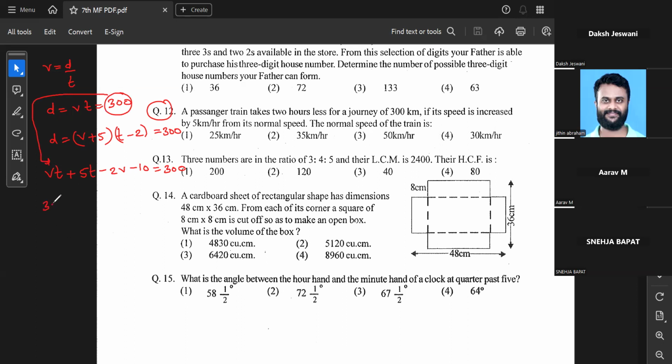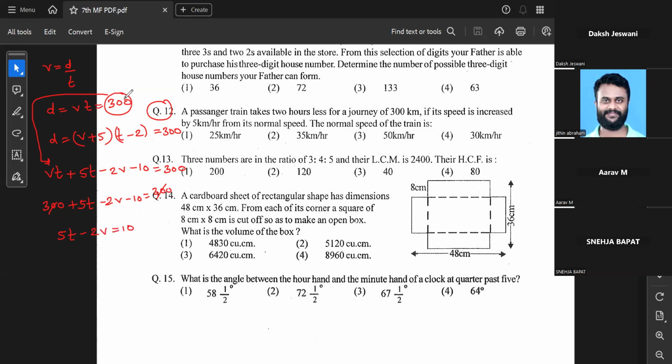So I'll put 300 over here, plus 5t minus 2v minus 10 is equal to 300. Now this 300 goes to the other side and gets subtracted and becomes 0. So the equation right now I have is 5t minus 2v is equal to 10.